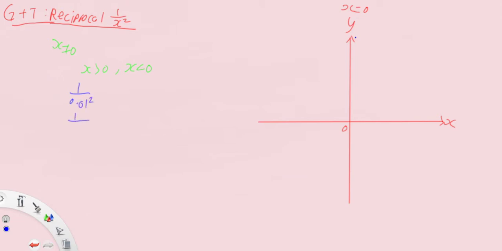Then for a very large number, let's say 9999, the value is very close to 0. So it will get close to 0, but will never be 0, because 1 over x squared cannot be 0. As such, we have a horizontal asymptote, for the H2 math students, the y equals 0 line.